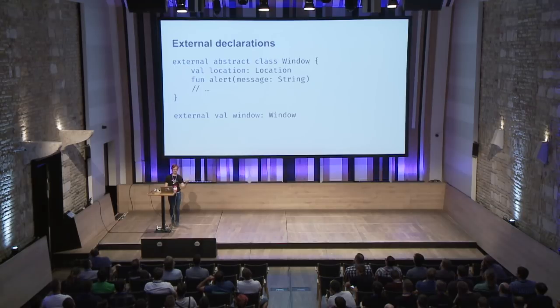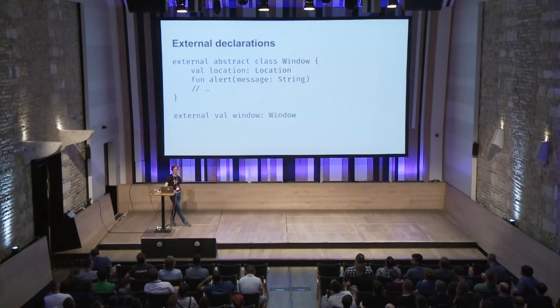These are the same external declarations that we have already seen in the date example. It says that there is a window class that's provided by the environment, and it has a location and alert, and there is a top-level window variable. For the standard JavaScript library, we ship those declarations as part of the Kotlin standard library. For community-developed libraries, you would use TS2KT to get those declarations for you.